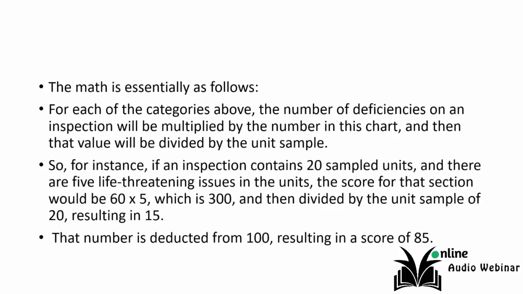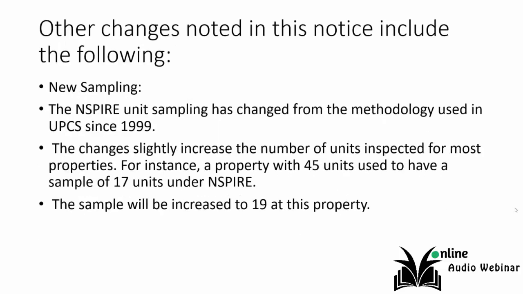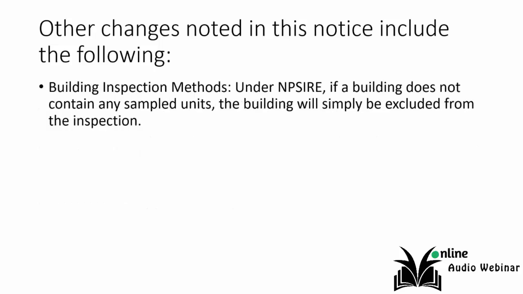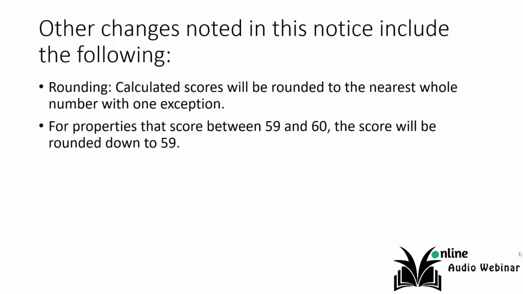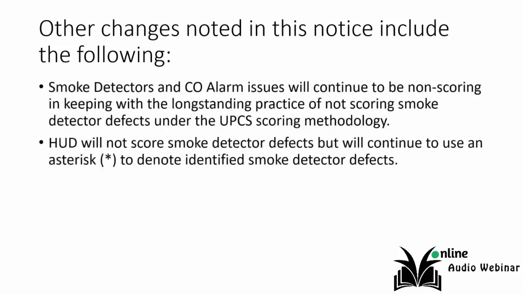NSPIRE unit sampling has changed from the methodology used in UPCS since 1999. Under NSPIRE building inspection methods, if a building does not contain any sampled units, the building also has a letter rating now. Rounding calculated scores: smoke detectors and carbon monoxide detectors will continue to be non-scoring items.